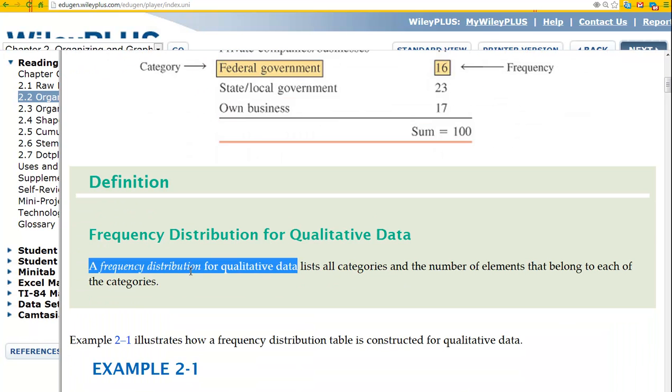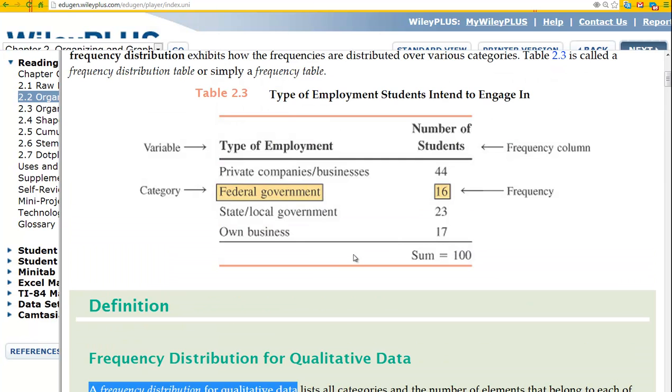So a frequency distribution for qualitative data lists all the categories and the number of elements or objects that belong to each of the categories. So this is called a frequency distribution. I might ask you in a quiz, is this a frequency distribution or not?